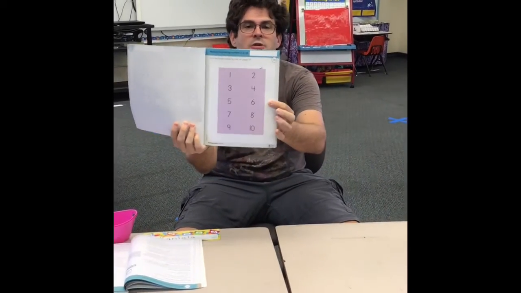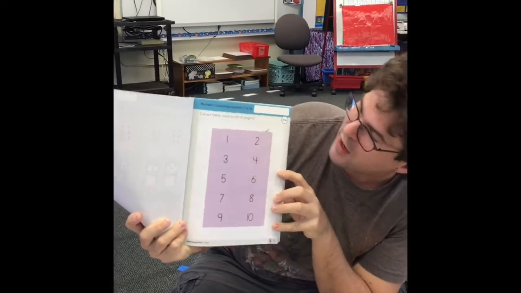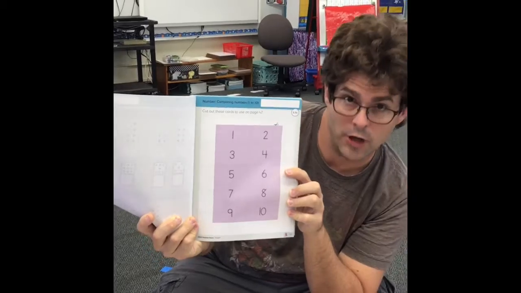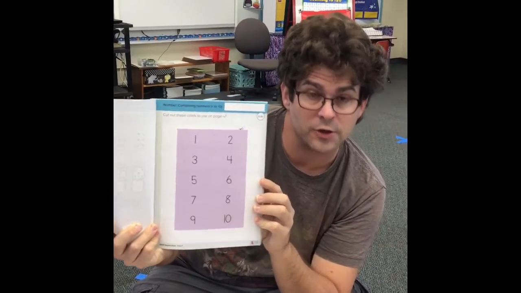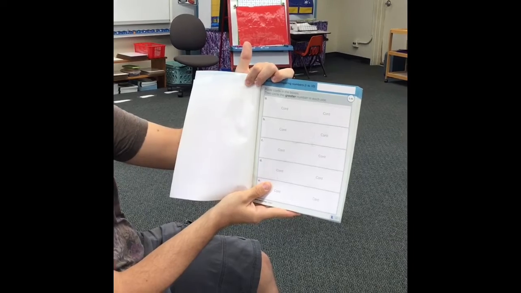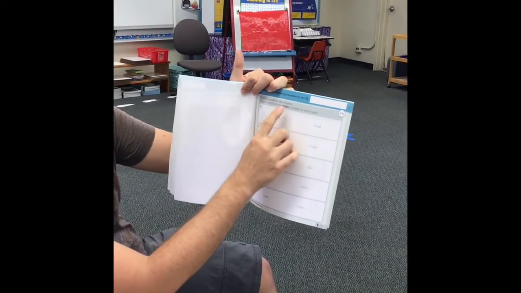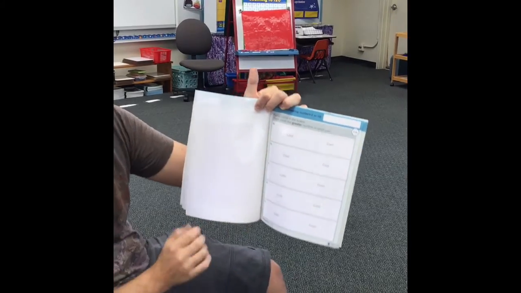So I told your parents earlier, now I'm telling you, this page right here, it's page 45. You need to cut all these different numbers apart. And then for your work on this one, you're going to use the next page, which is 47. It looks like this. It says paste cards in the boxes, then circle the greater number in each pair.